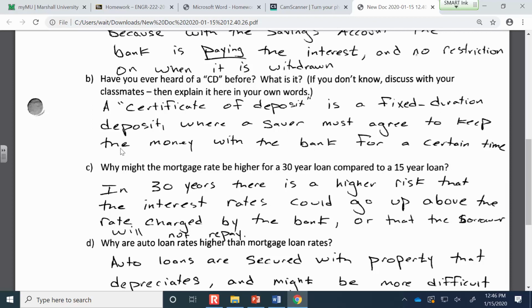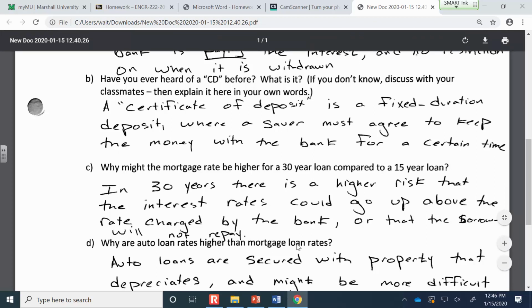In 30 years there's a greater chance that interest rates could go up, and then they have this loan that they're only earning 6% on, when they could have earned 10% from someone else. We'll talk more about interest rate risk, but I identified two reasons: the risk of non-payment and the risk of interest rate changes.